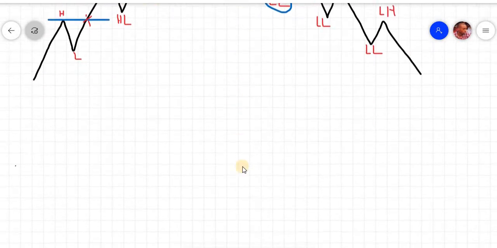Now let's try to explain the case of a downtrend turning to an uptrend.